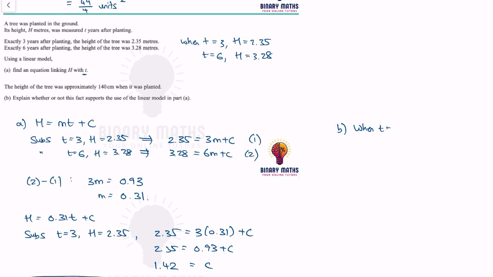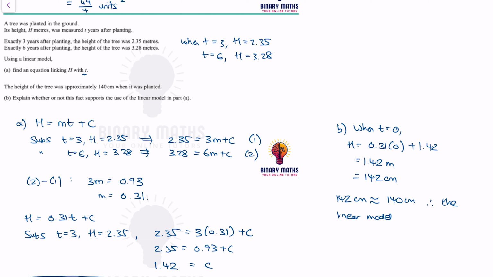So when t is equal to 0, h is equal to 0.31 times 0 plus 1.42, which gives you 1.42 meters, which is equal to 142 centimeters. 142 centimeters is roughly 140 centimeters. Therefore, I would say the linear model is supported.